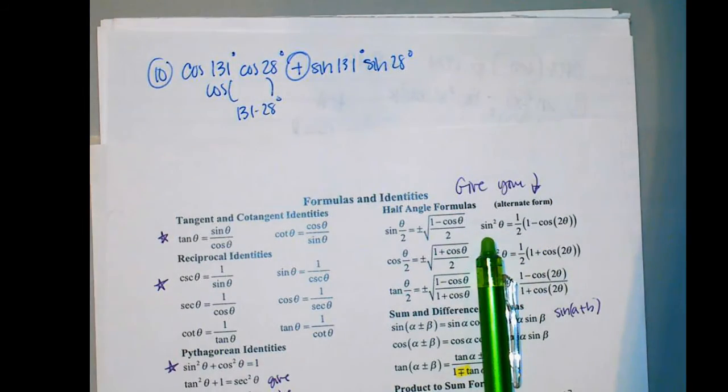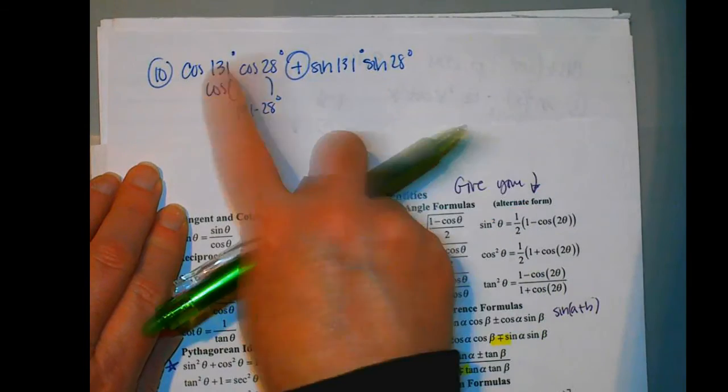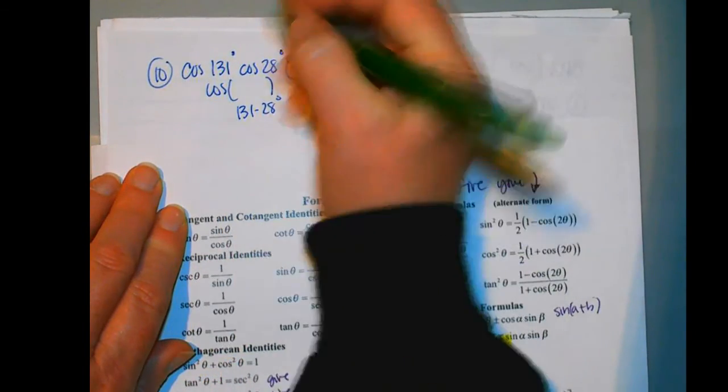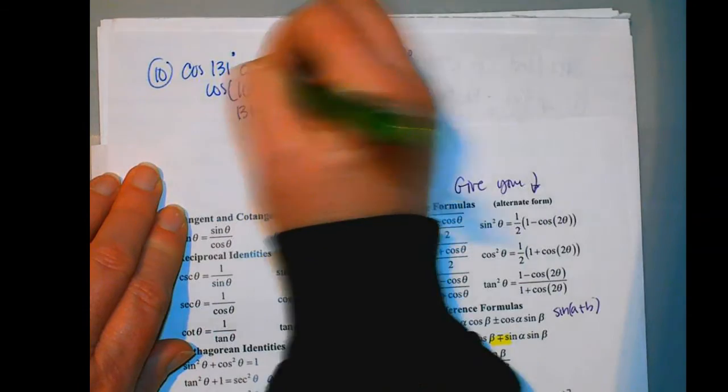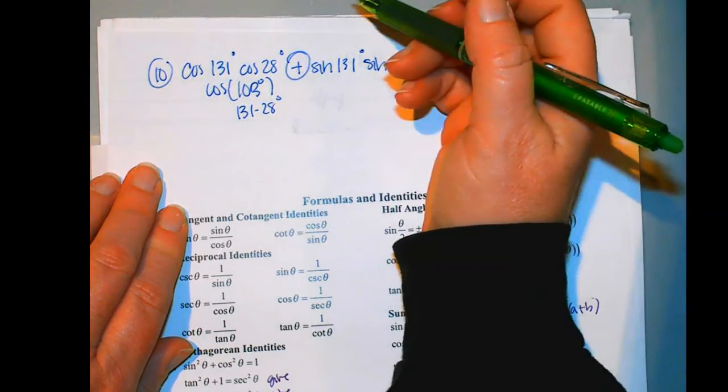And I totally do get how it may not be obvious to you straight up. And we didn't do a whole lot of practice here, but if you understand the purpose of the sum and difference identities, like working out number 8, then you're like, okay, this really indicates I'm trying to find the opposite, but it's cosine. So 131 minus 28 is 103, and then normally it would be something you'd know, like 90.